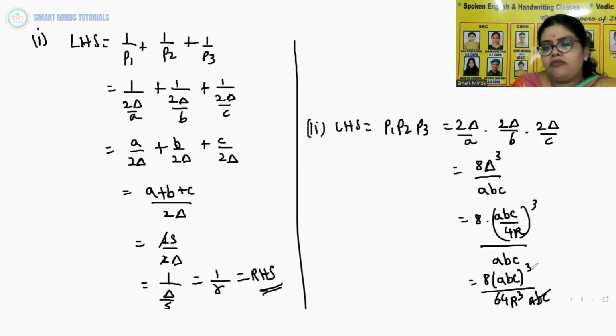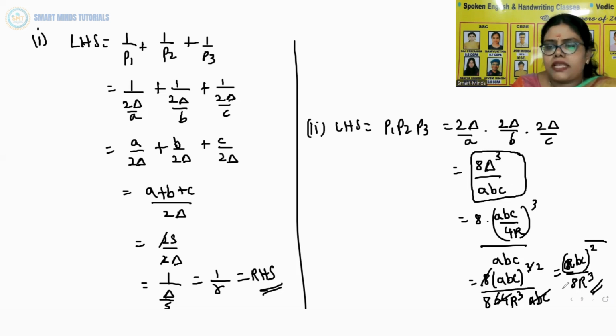One abc and one abc get cancelled. Now 8 ones are 8, 8 eights are 64. So you get (abc) whole square by 8R cube. This is the middle part. So this is the first part and this is the second part. So everything is proved.